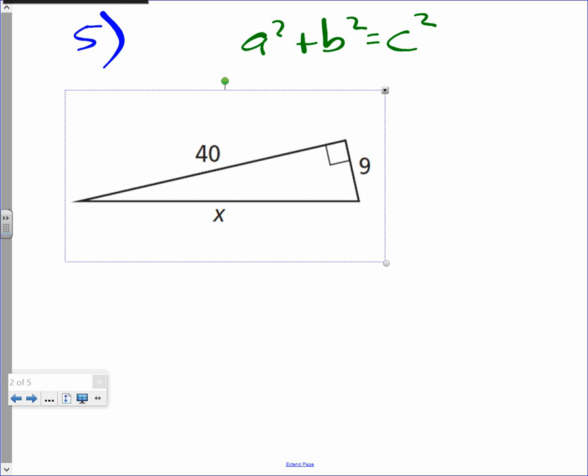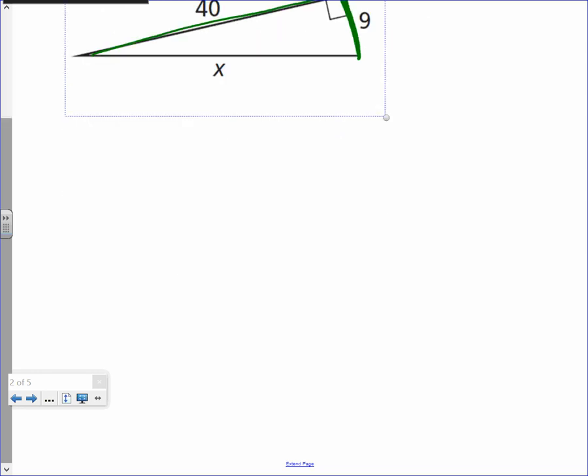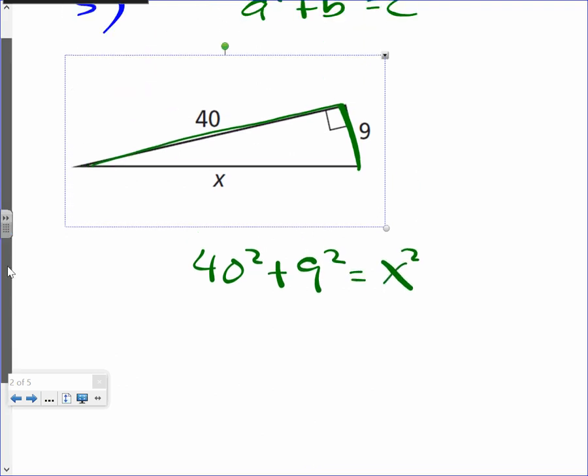Cisneros, what are my 2 legs here? 40 and 9? Perfect. The 2 sides that make up the right angle are my legs, so that's going to be my A and B. Here we go. So 40 squared plus 9 squared is equal to x squared. So x would be the hypotenuse in this case.